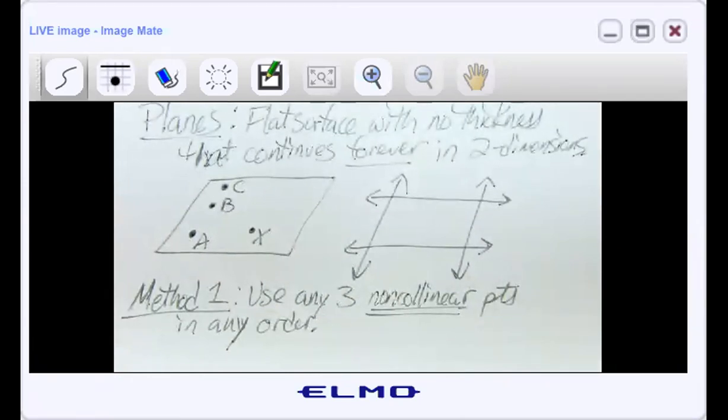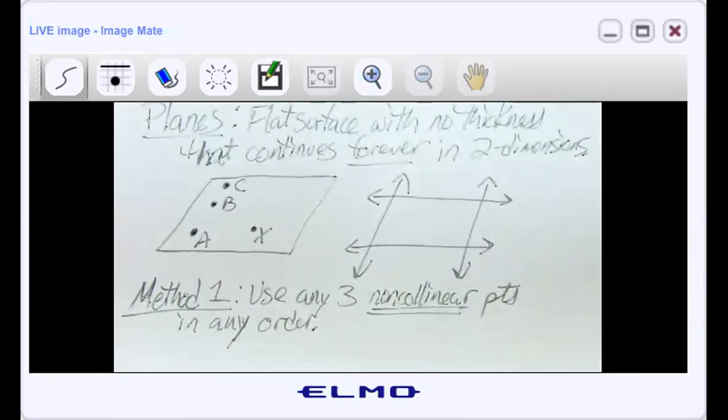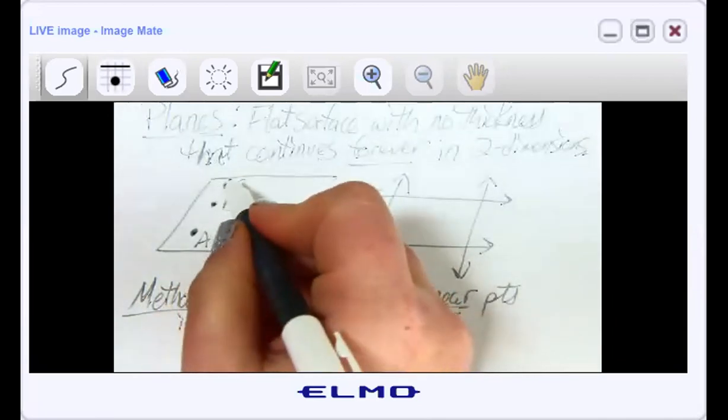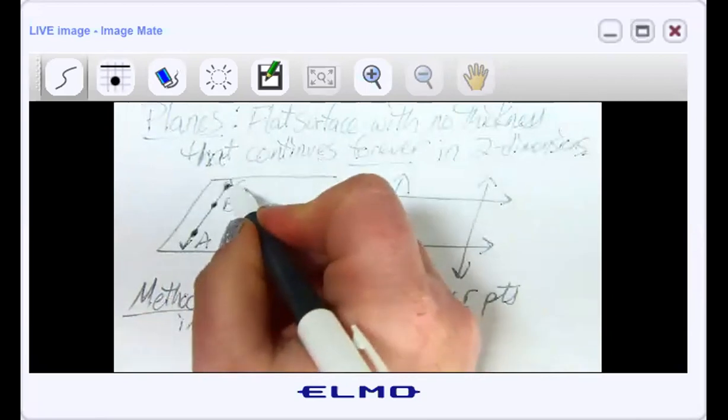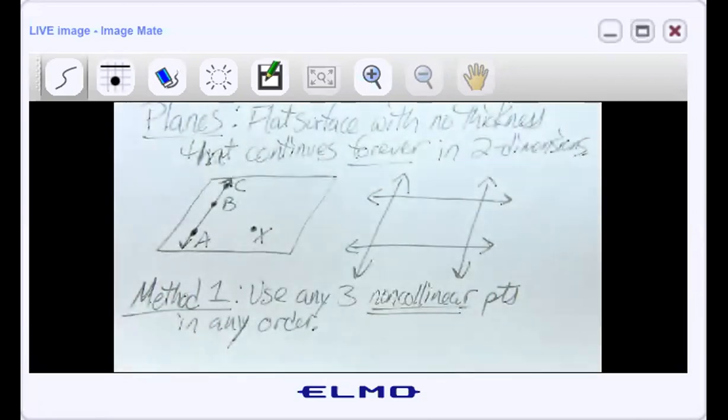All right, so here's the deal, non-collinear. It looks like points A, B, and C are just going to fall right in the same line as each other. So points A, B, and C, they are collinear. I could not name this plane ABC. Why not? Those are 3 points in the plane, but I need them to be non-collinear. Let me try and show you why.